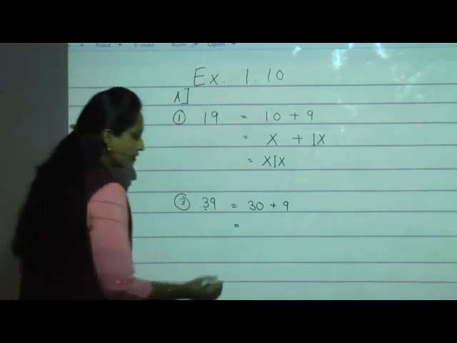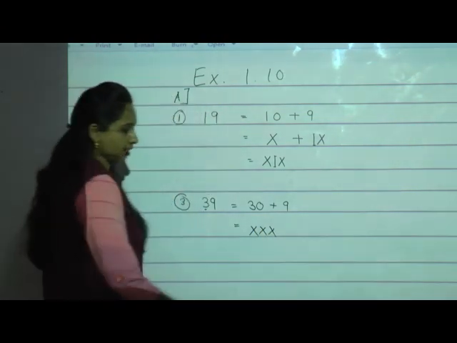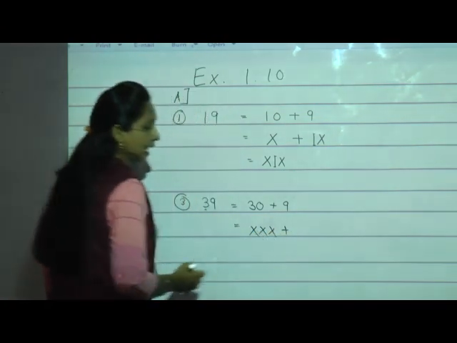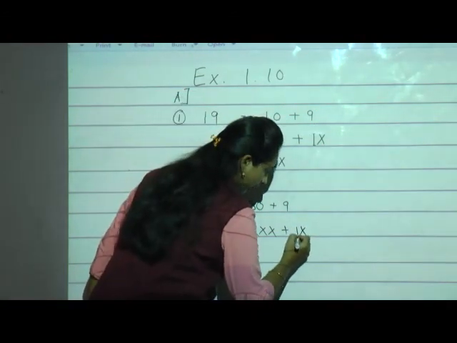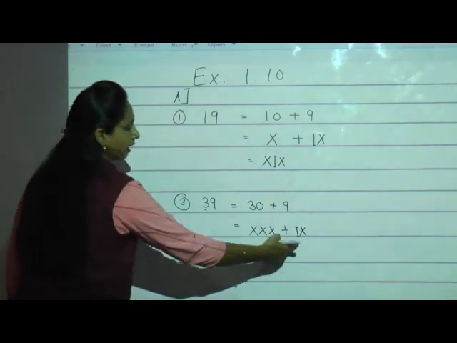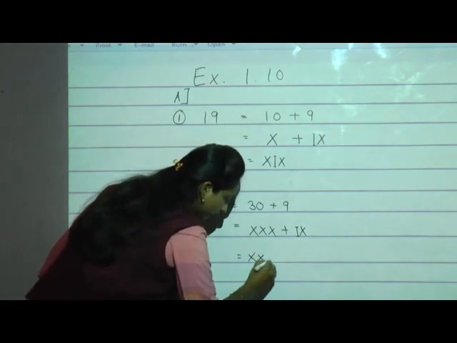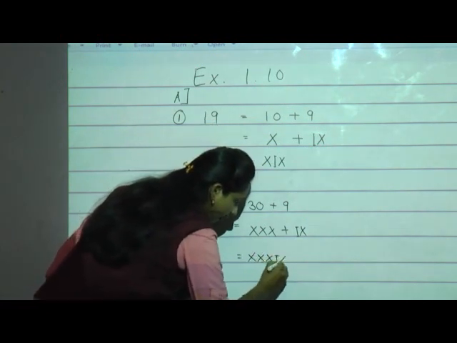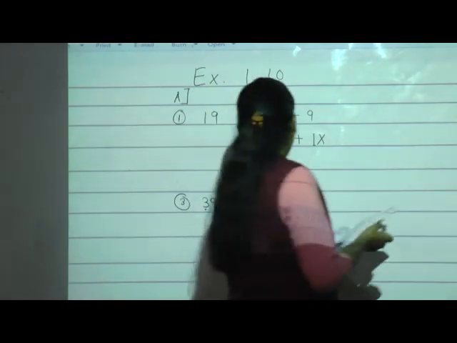Yes students, we write 30 as XXX. Now how do we write 9 in Roman? We write it as IX. Okay, so just write together, add together these Roman numbers. So we get Roman XXXIX. Got it? Yes, students, understood? Very easy. Now we will solve one more example.